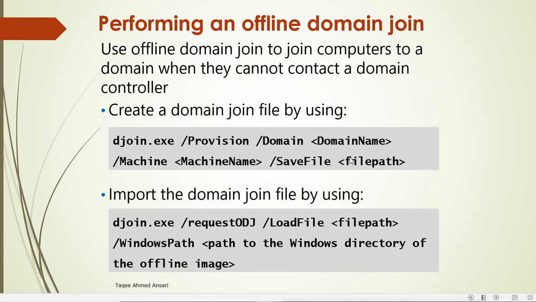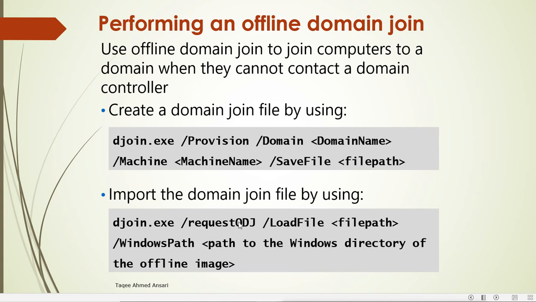So when you run this djoin command, it will generate the file, and also it will create the account on the domain controller. So while you are creating this file, this machine which has already joined the domain must be connected to the domain controller, and it will create the account on the domain controller. Then when we join the domain, this machine is not required to be connected.